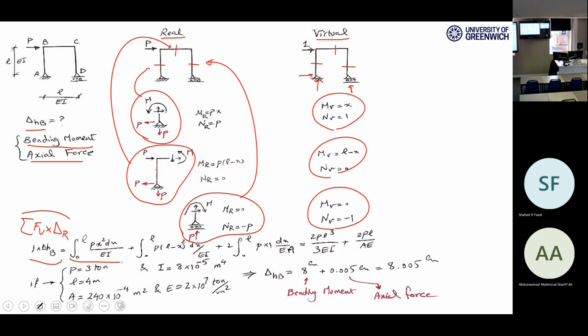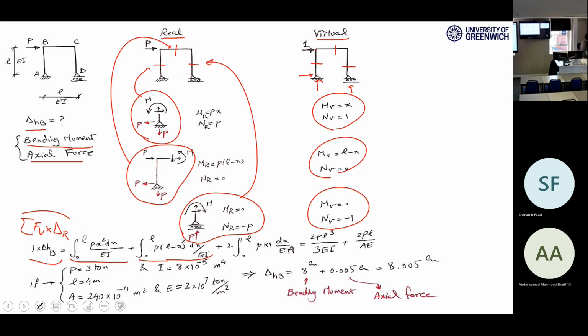This is the first one for bending moment, and this is the second one for bending moment. The third one for the bending moment is 0, nothing, because the third section has m0, right? So for the bending moment, from the 3 integrations, we only have 2 of them. The third one is 0.